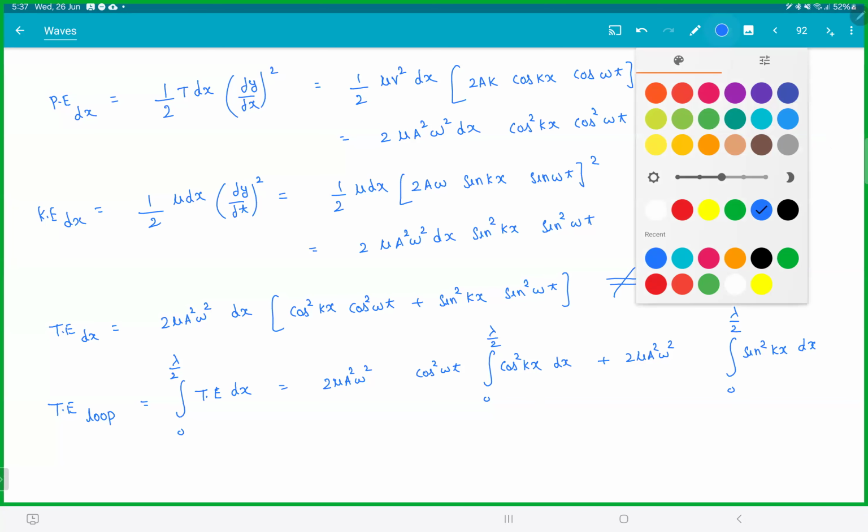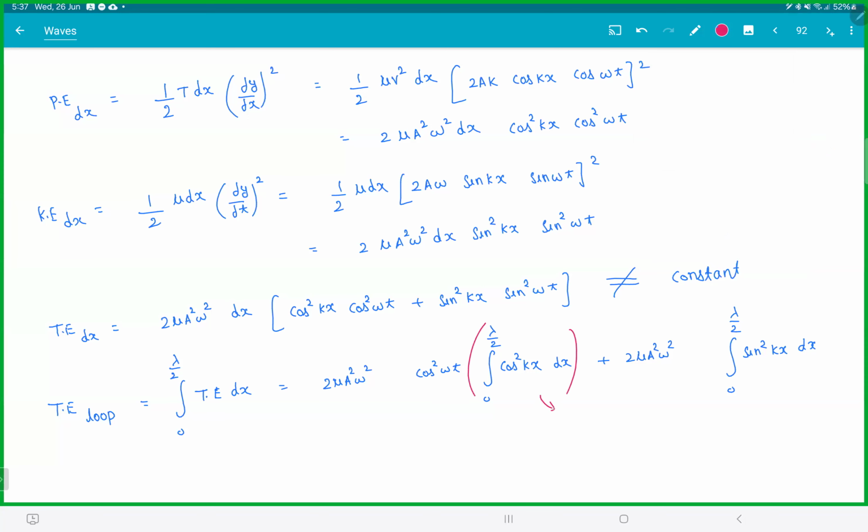So I'm directly doing it. You can verify. This will turn out to be lambda by 4 and this will be lambda by 4.